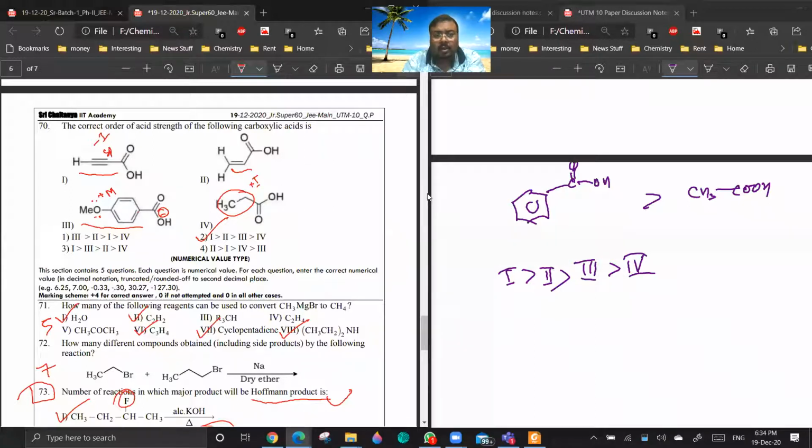No, still I think, if we talk about, let me give you the values. If you talk about this, it's like 1, 2, 3, so it's like 2-propanoic acid. Sir, between 3 and 4, plus M effect should be greater than plus I effect, no, sir?